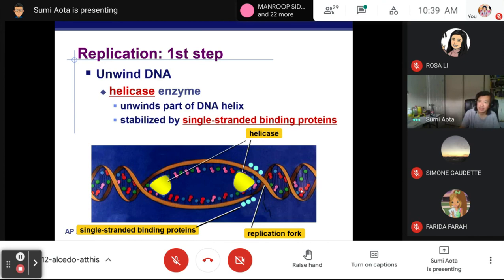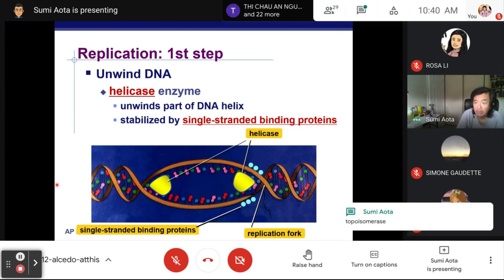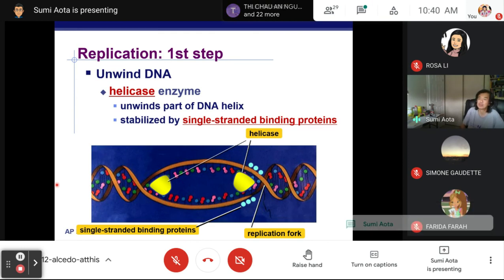So to prevent that, the enzyme gyrase is going to release that tension and prevent knots from forming in front of helicase. I haven't drawn it here because it usually travels further ahead than this diagram is, but it will be located somewhere off screen to prevent knotting. So that's gyrase. The other term you will hear for it is topoisomerase. There are multiple topoisomerases. Gyrase is one of them.